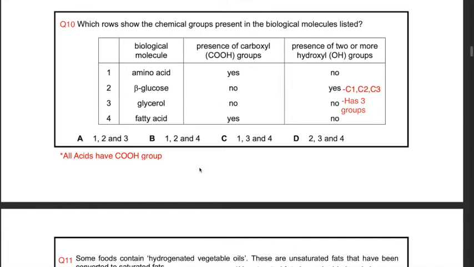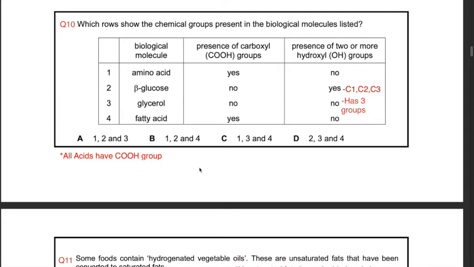Let's go to 1. Amino acid, presence of carboxyl groups, yes. Presence of 2 or more hydroxyl groups, no. That is correct, because all acids have carboxyl groups and do not have any hydroxyl or alcohol groups. Therefore, 1 is correct. 2. Beta glucose, no carboxyl groups. Presence of 2 or more hydroxyl groups, yes.